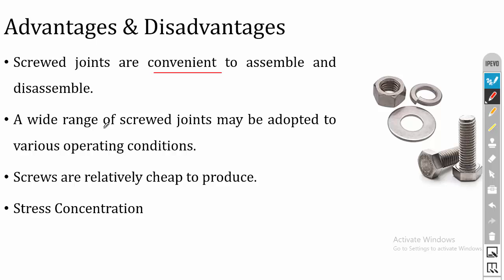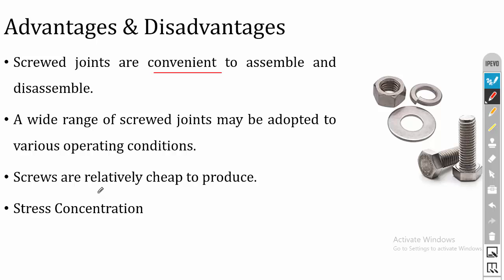That is the second advantage. And the third advantage is that screw joints are relatively cheap to produce. Compared with welded joints and riveted joints, screw joints are really cheap. The cost of producing a single screw joint is low compared with other kinds of joints.